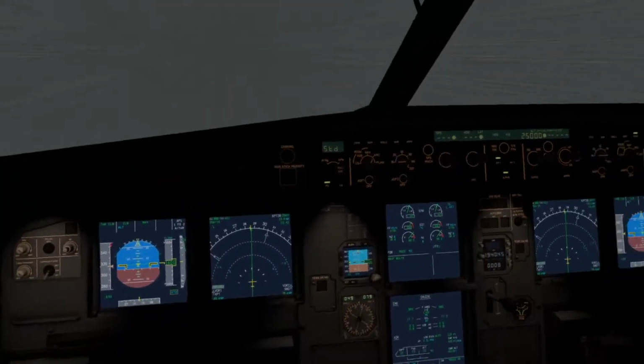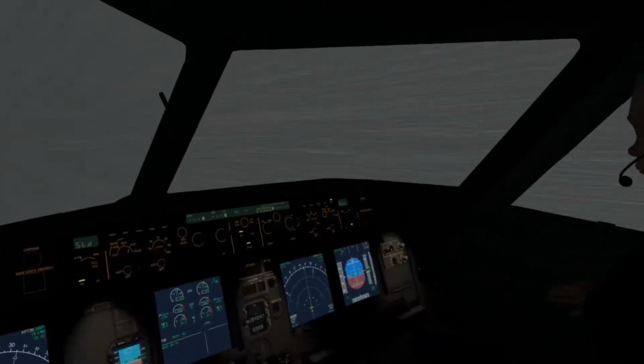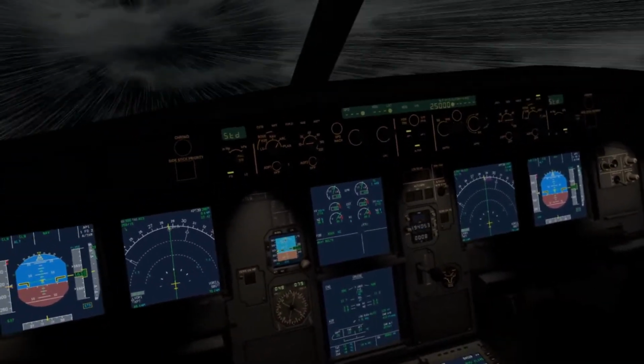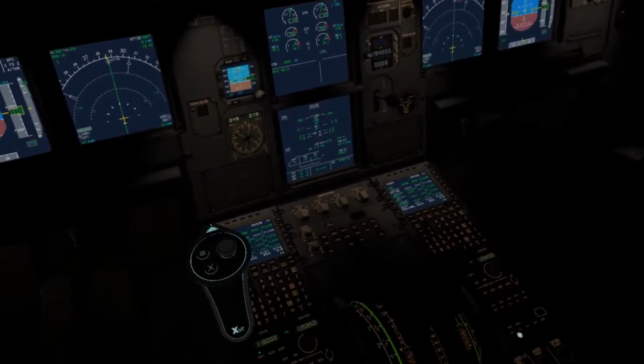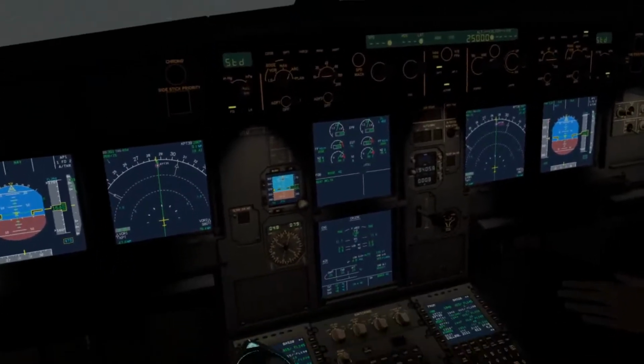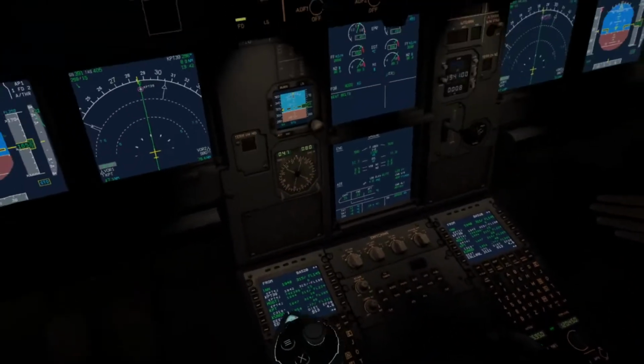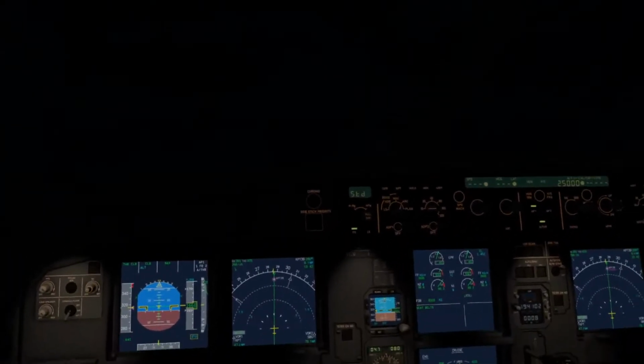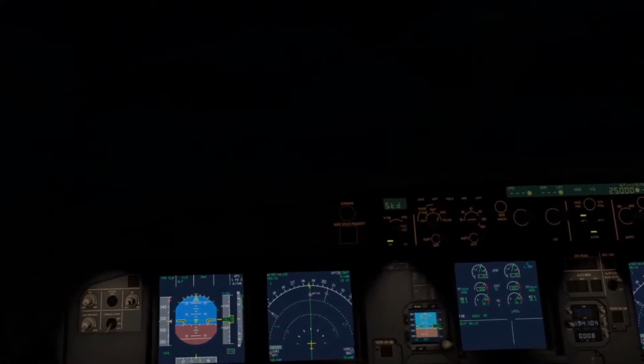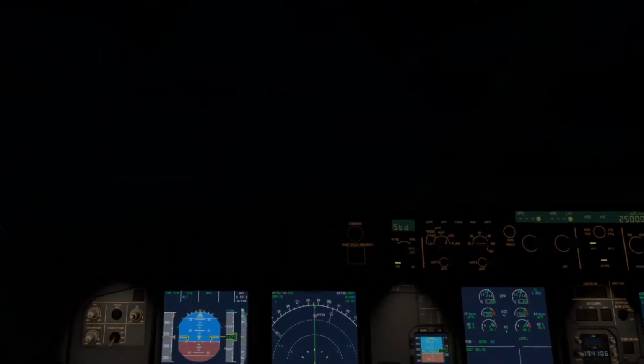Yeah, this is definitely a bit strange here as we're entering lots of clouds, I think. As you guys can see, the empty fuel on board is 4.6. So we have plenty of fuel just in case of a divert if the weather gets worse and worse.